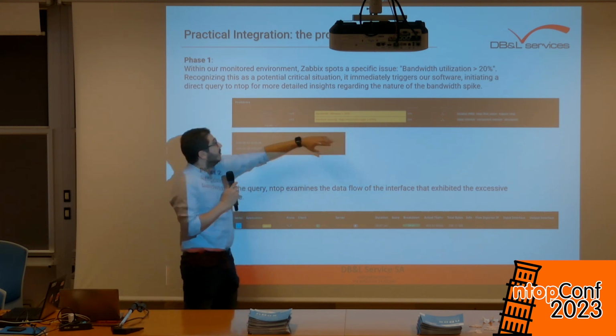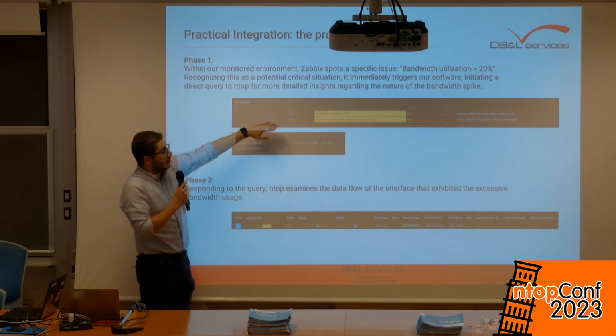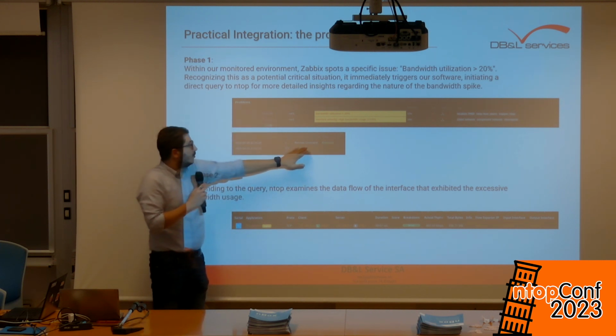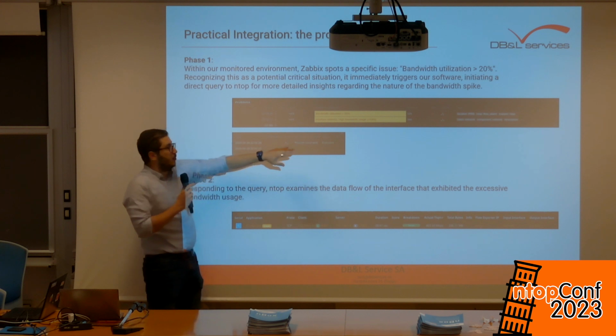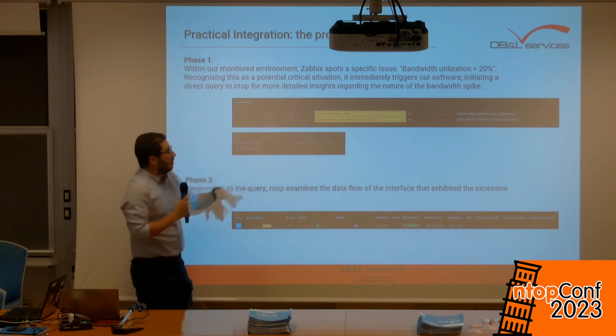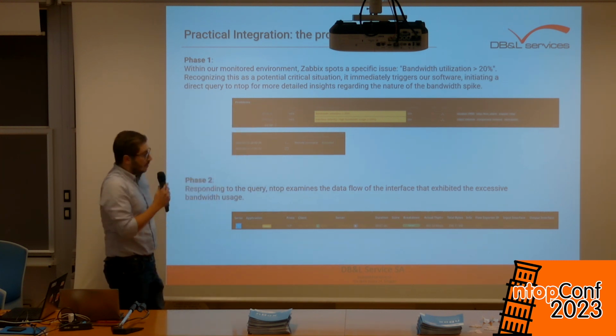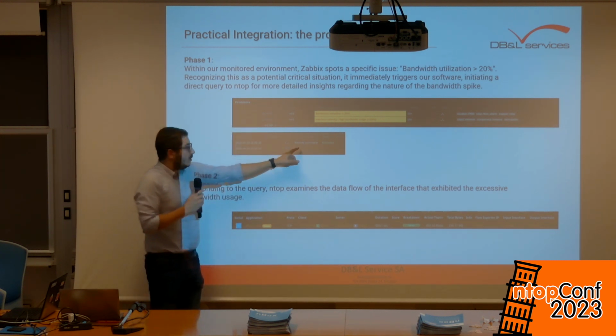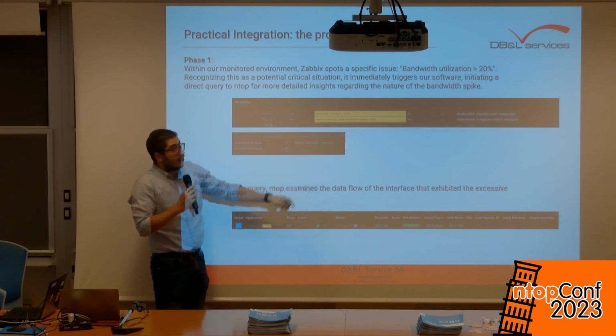This has been activated. What happens? Once this is triggered, it immediately calls for a remote command. If you remember, this is the trigger that in the diagram was in the center of the image, and it calls the remote command that is our framework.